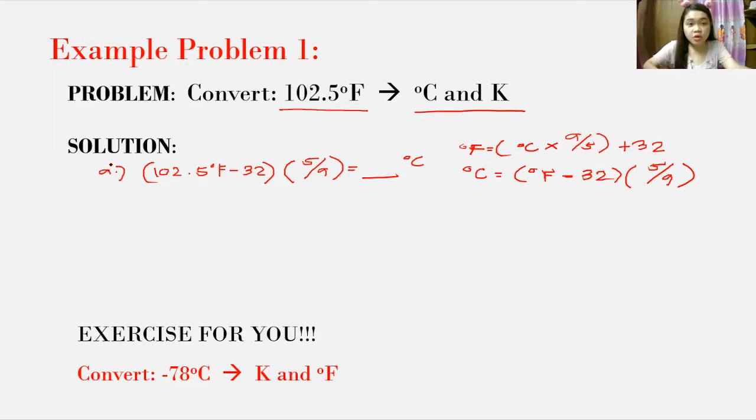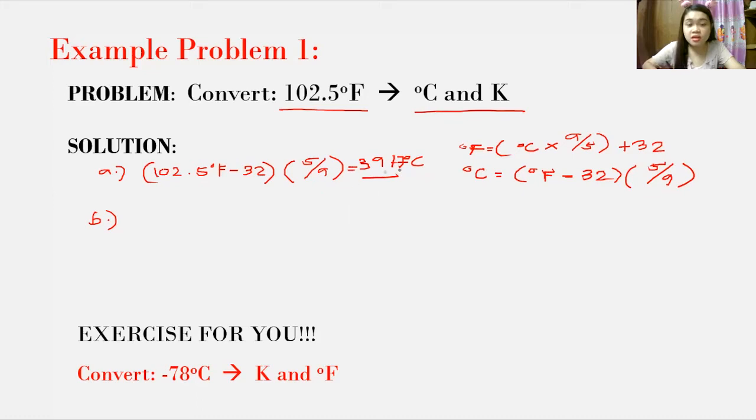So we got a reading of 39.70, that's 39.70 degrees Celsius.